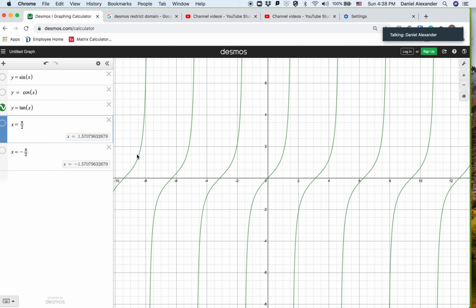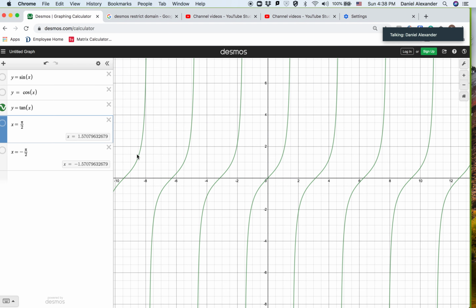So we want to find one section of the graph that is both 1-to-1 and has all the possible tangent ratios. We showed this before, when we had the video on the tangent, that the tangent ratio can be anything, any real number.